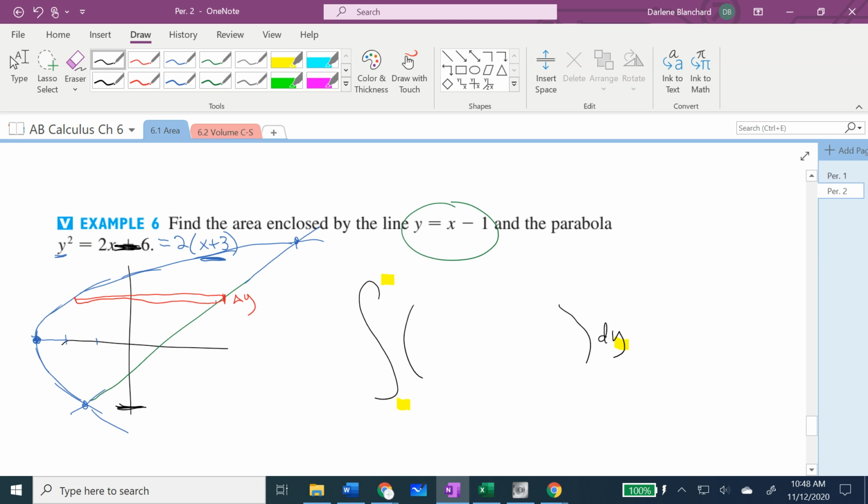Also, a horizontal distance is a subtraction of x. It is the right x minus the left x. And in order to find those, you have to take both of these equations and isolate x with respect to y. So for this one, I need to subtract 6 from y squared and then divide by 2.